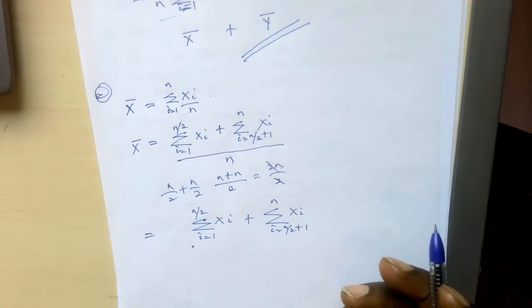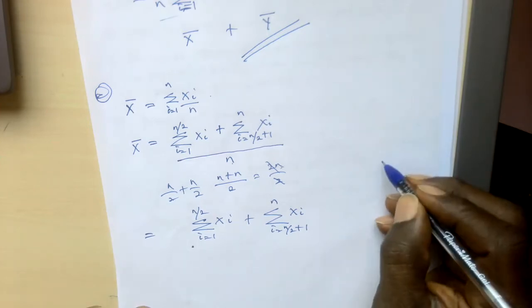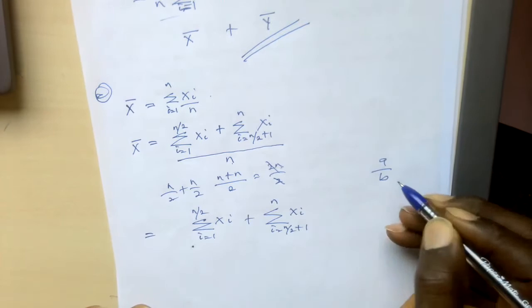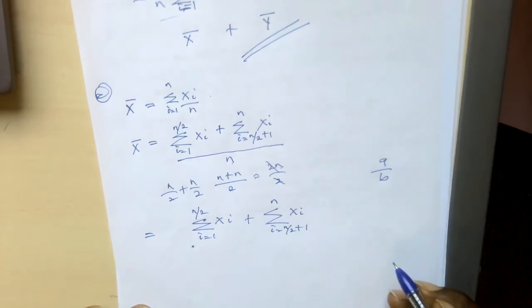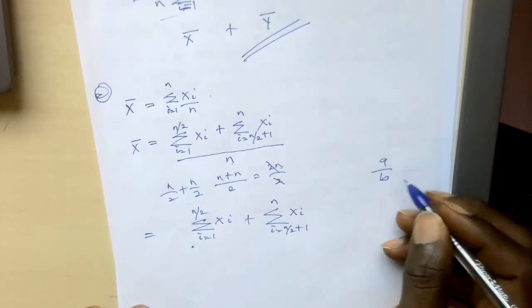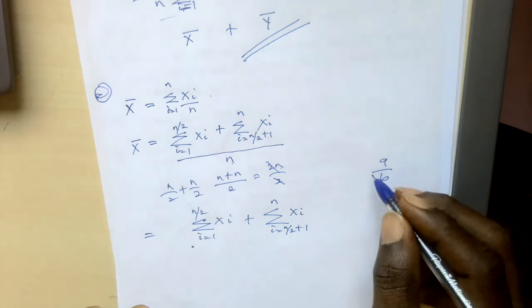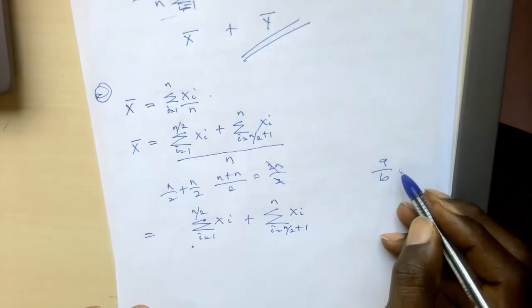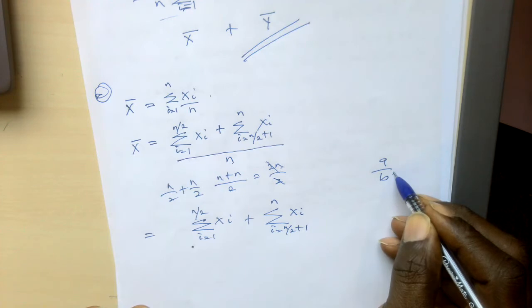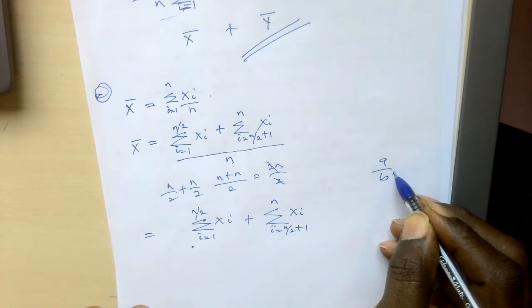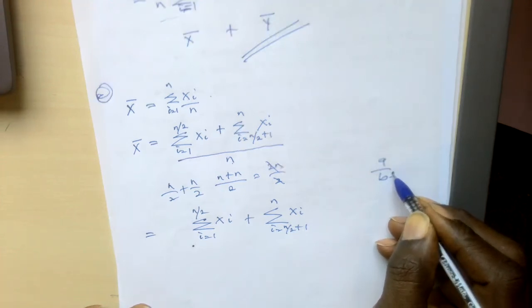So what does this mean? If I have a over b, I can divide this b by 2 and multiply this by half.